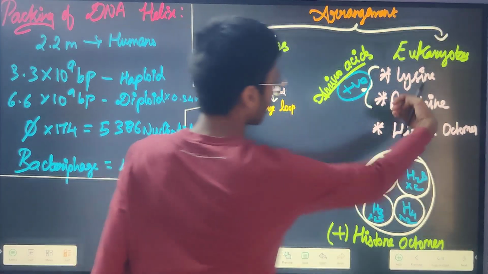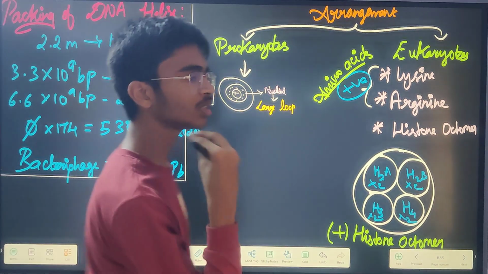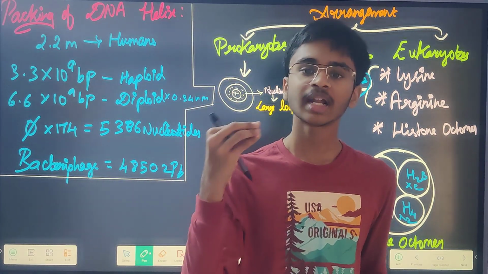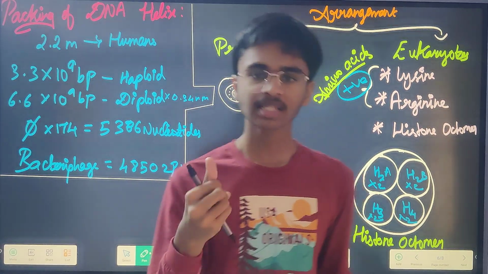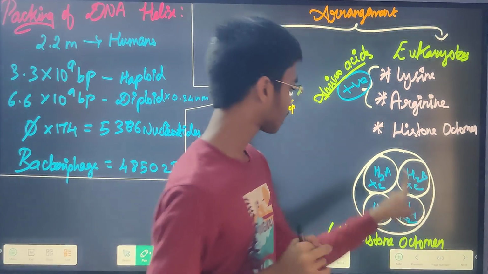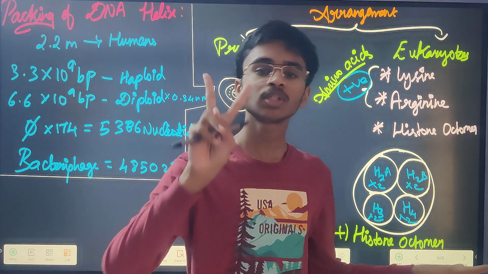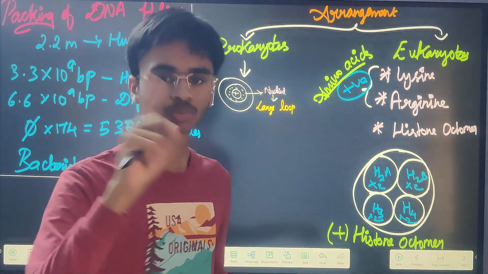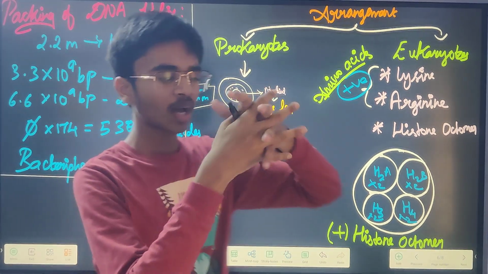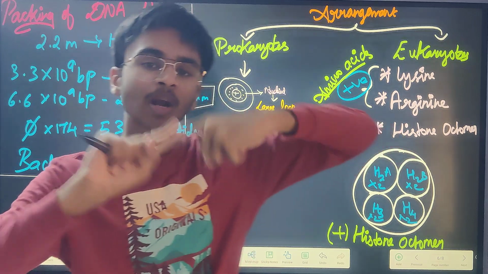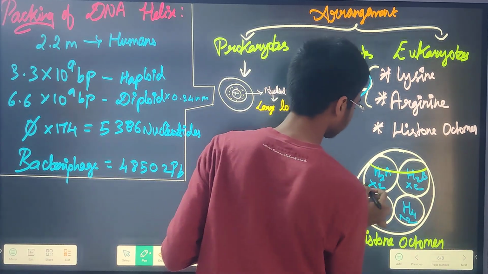Now coming to the histone octamer. The histone octamer is a structure which has positive histone proteins in it, such as H2A, H2B, H3 and H4. All of these will be two each, so in a histone octamer there will be two of each. They will all be arranged in a compact way, and surrounding them there will be this DNA.